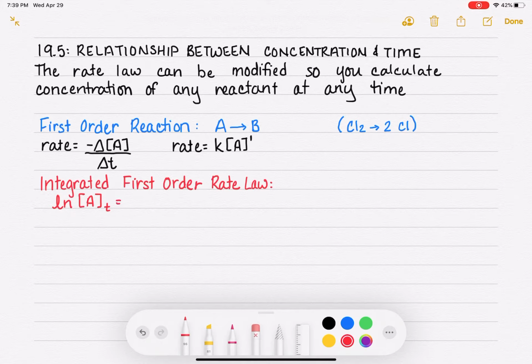That is equal to negative little k, the rate constant, times the same time that we're talking about, like maybe 120 seconds, plus the natural log of the concentration of our reactant A at time 0, or the very beginning of the reaction. So this notation, A sub 0, is our initial concentration at time equals 0.